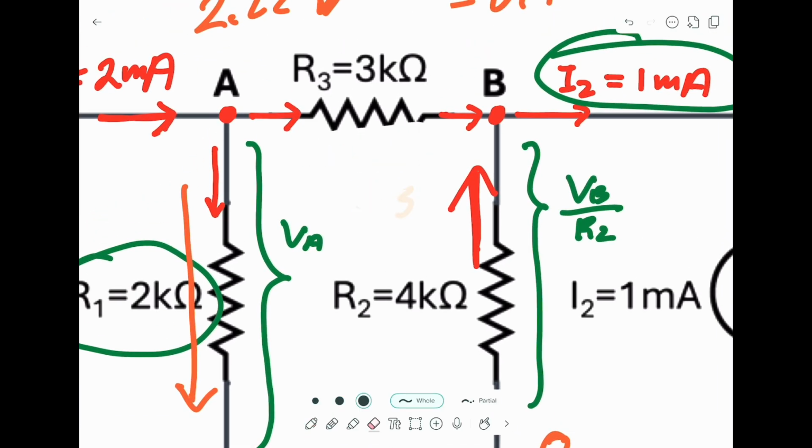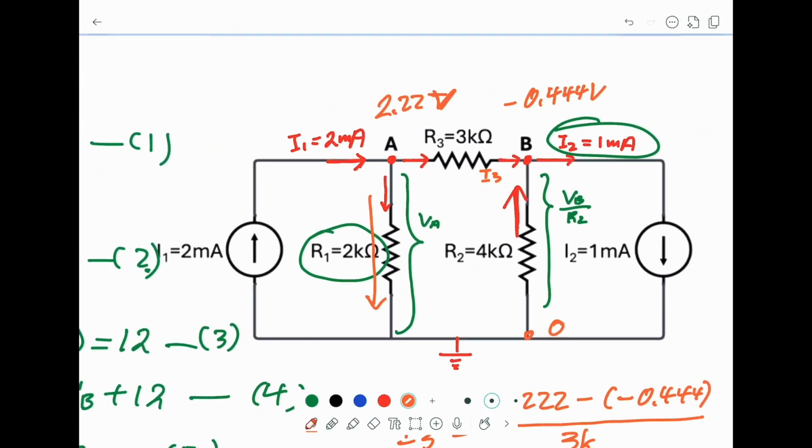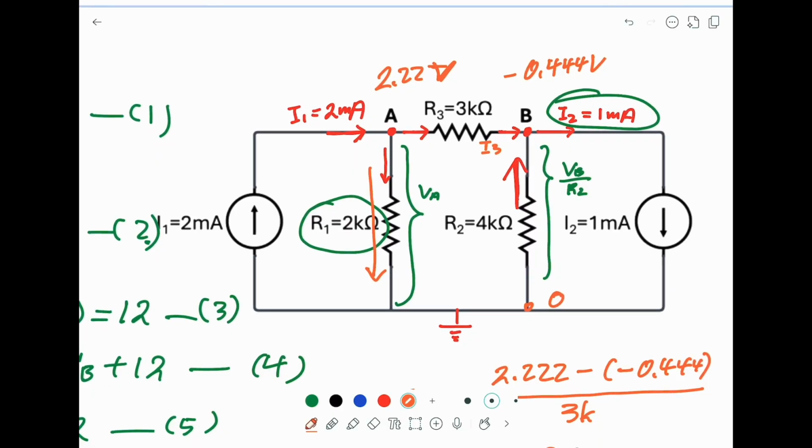Okay, let's check here. I3 is going in, and it makes sense because this current source goes to here, goes through here, and this one goes through here.